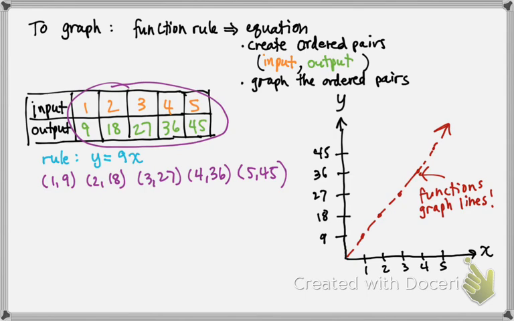And so if they don't give you the function table, so we'll go one more screen, but they give you a rule and they ask you to graph, they give you y equals 3x plus 2. Well, now what you're going to do is create your own table with inputs.